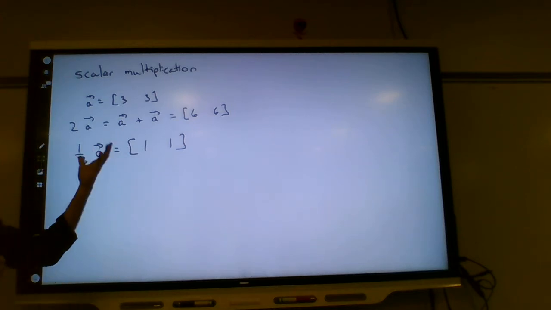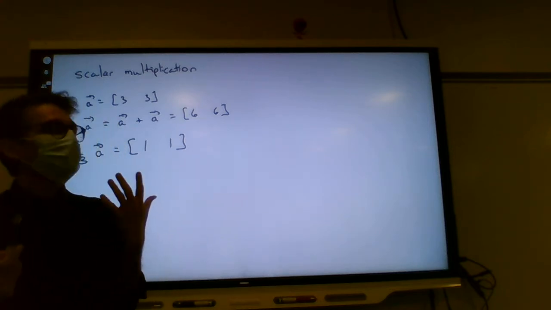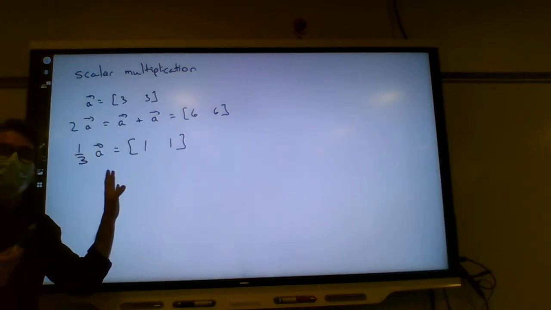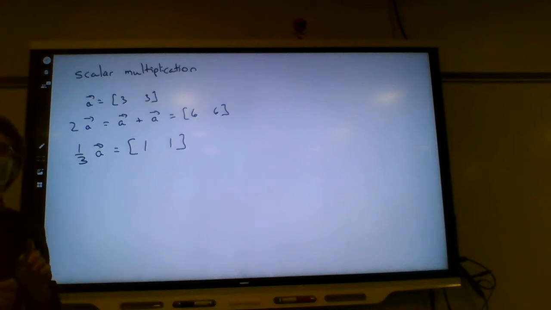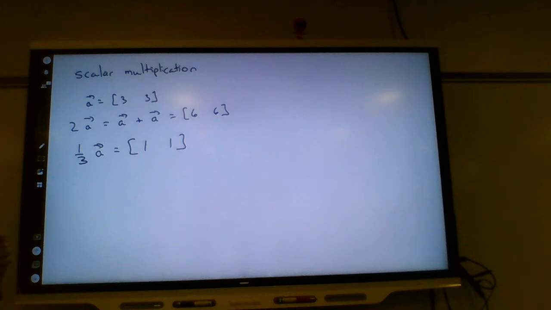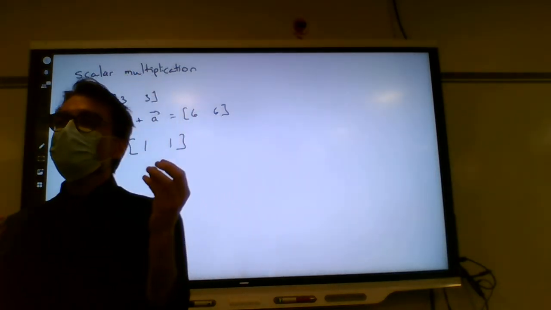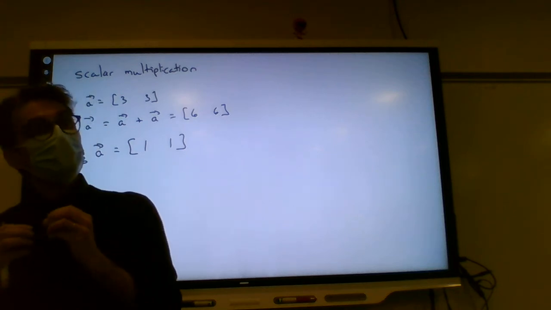So if you had an x and a y, if you had a third, a fourth, if you had 10 dimensions, again, we don't know what that means geometrically, but the idea is still the same. Go this far in that direction and this far in the other direction and keep going. And if you multiply by a third, then you just go a third as far in each one of those directions as you're building. So this is what scalar multiplication does. Keeps the direction of the vector, changing possibly its length.